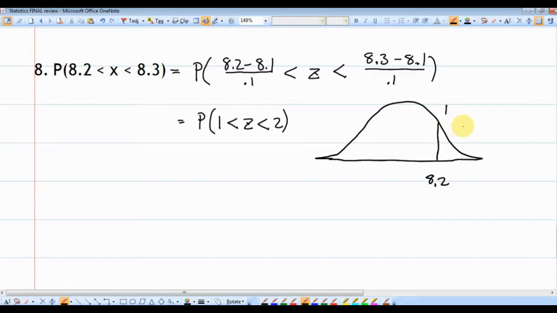Do you remember the area to the right of that? That's 16%, approximately. So this area is 0.16, right?